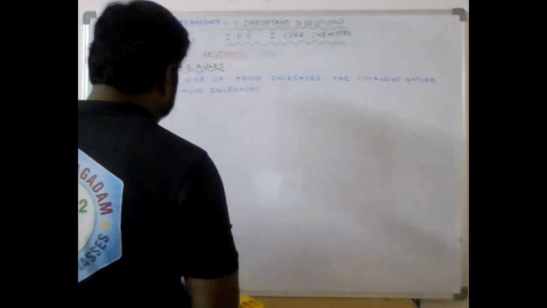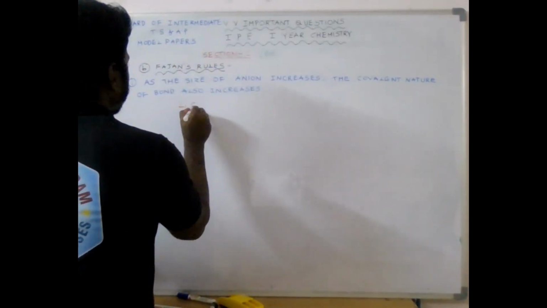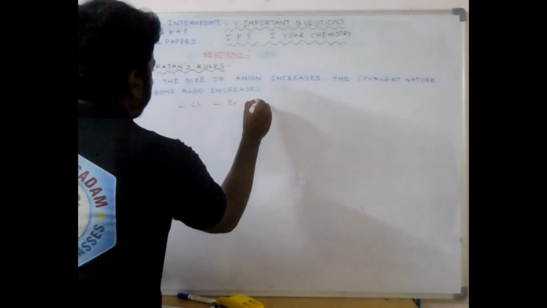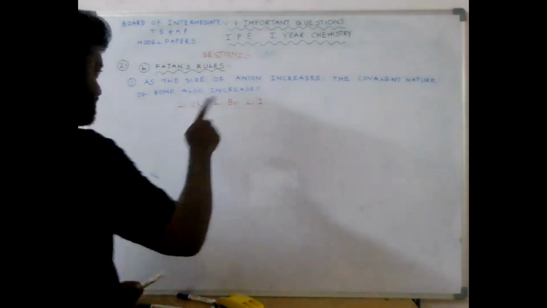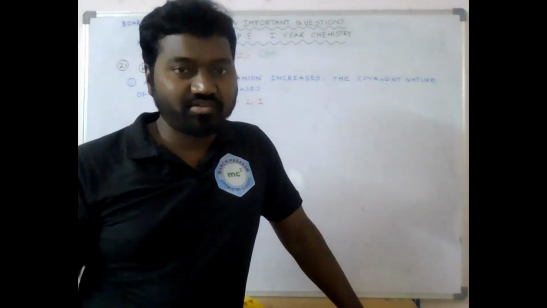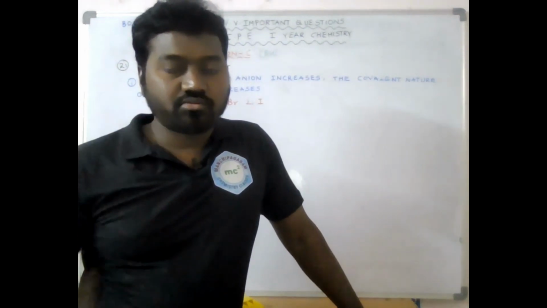For example, you can take lithium chloride, lithium bromide, lithium iodide. All 3 examples contain the same cation, but the anion is different: chlorine, bromine, iodine. All of them are present in the 7th group, that is halogens. Top to bottom, what will happen to the atomic size?